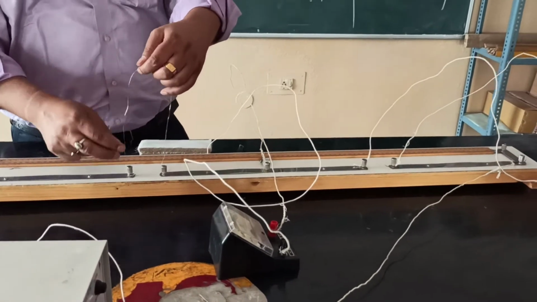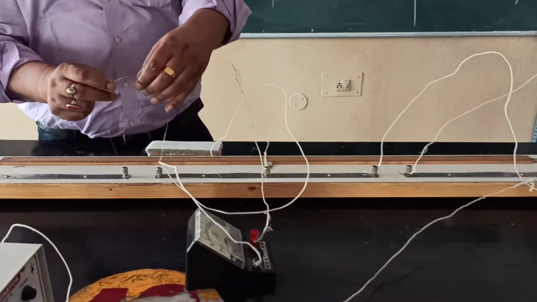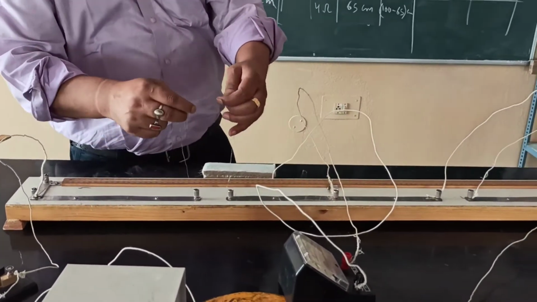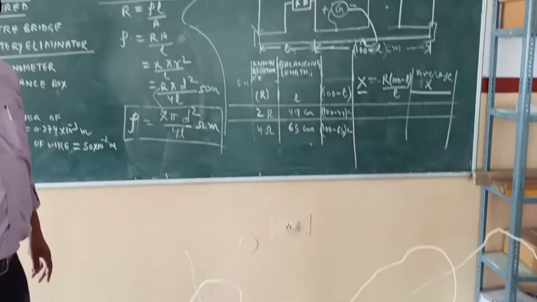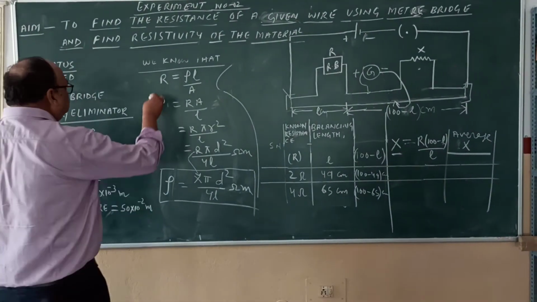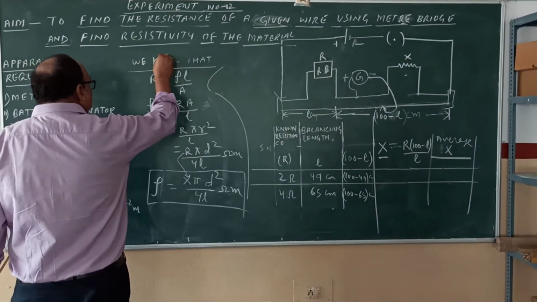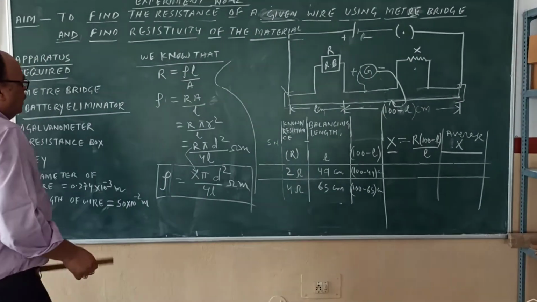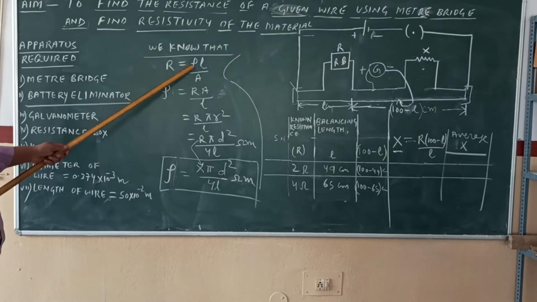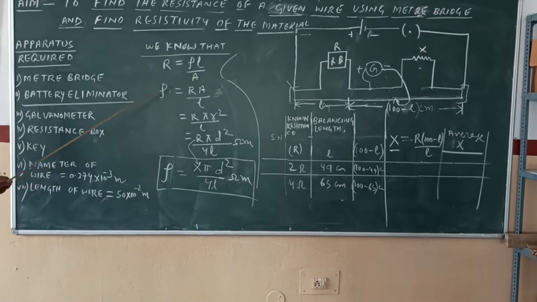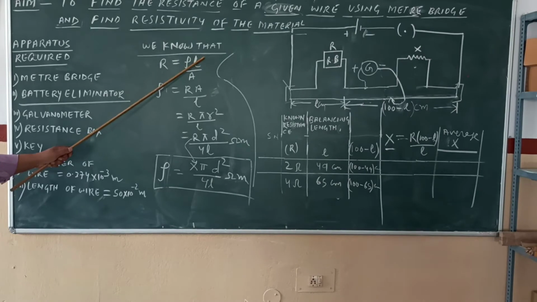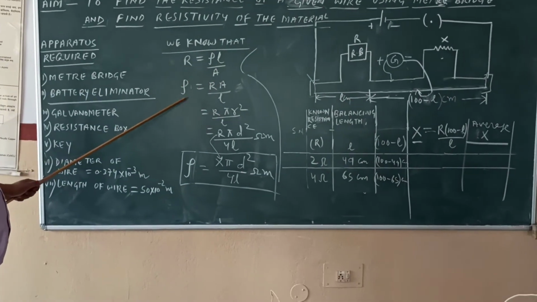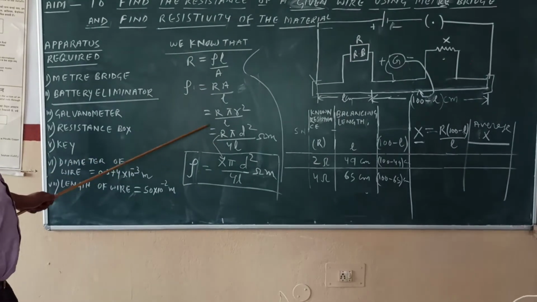For example, copper's resistivity will not change either when its length or area changes. So the formula we will use now is R equal to rho L by A, where rho represents resistivity, L is the length of the wire, and A is the area of cross section. So rho becomes RA by L.